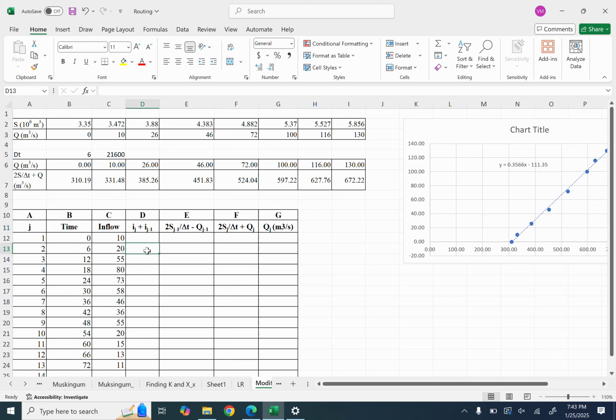Here Ij plus Ij minus 1 is this plus this, so that's 30. Then we had our initial condition, so this is 10, and 2S over delta t plus Qj was 331.48.